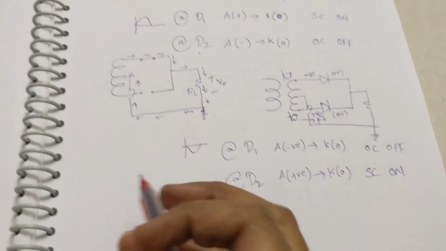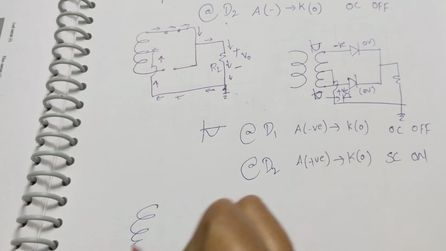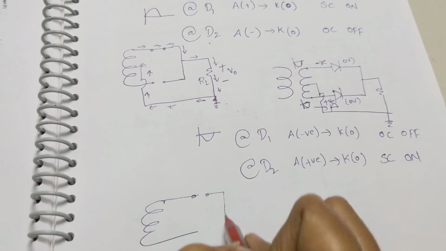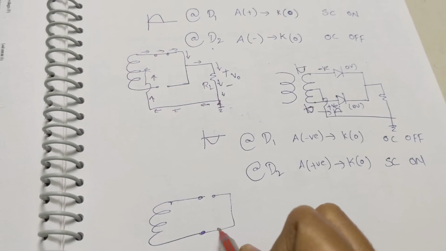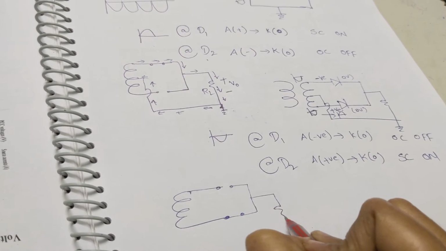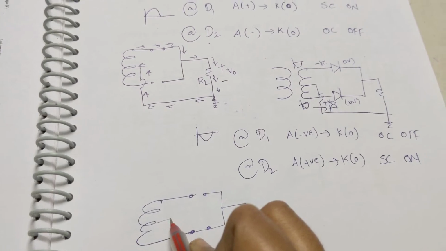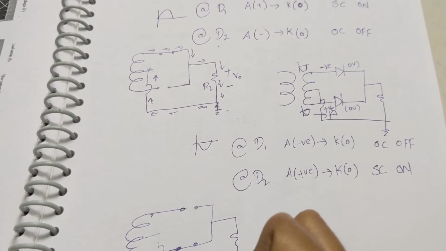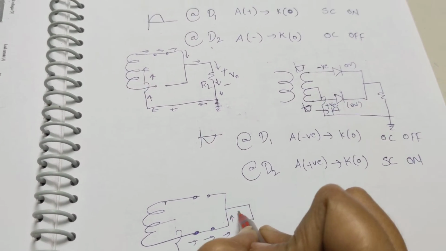So here kindly check the current path. Now this one is an open circuit, this is short circuit, and this is the current. The current flows from here and conducts.